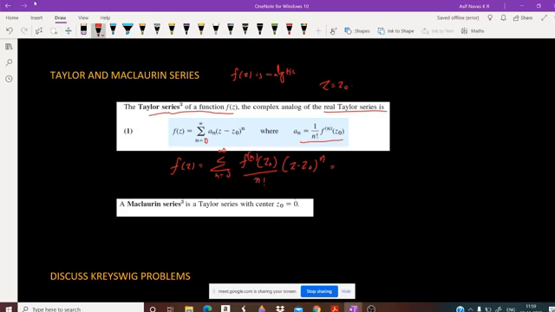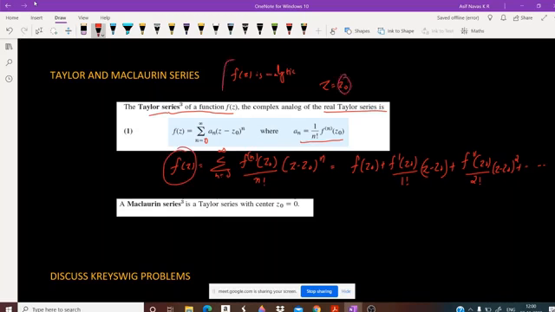So if you expand this, we will get f of z naught plus f dash of z naught by 1 factorial into z minus z naught plus f double dash of z naught divided by 2 factorial into z minus z naught whole square plus etc. Okay, so this is called Taylor series of a function f of z at a point z naught. That means the condition is f of z must be analytic.